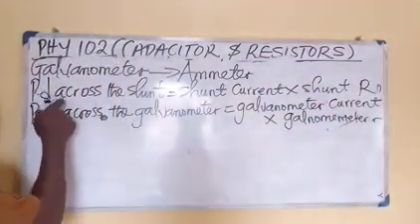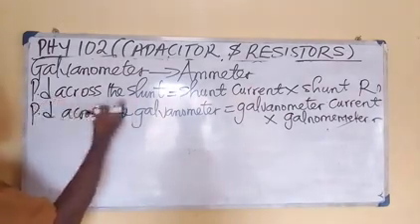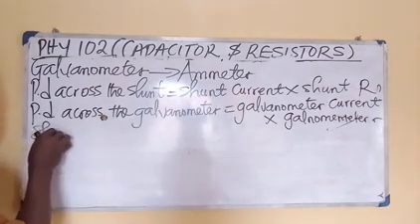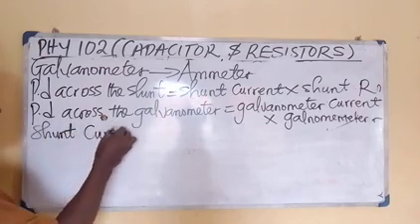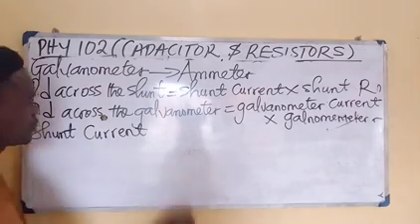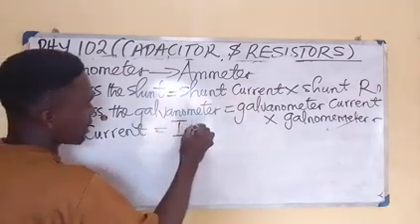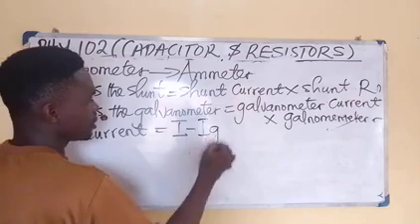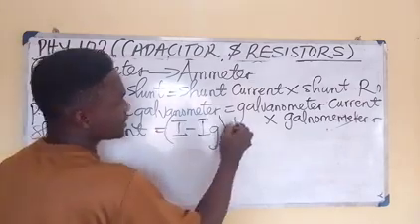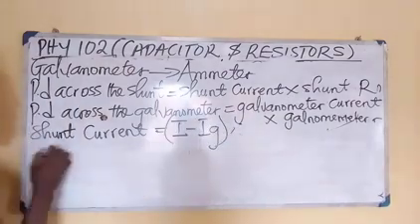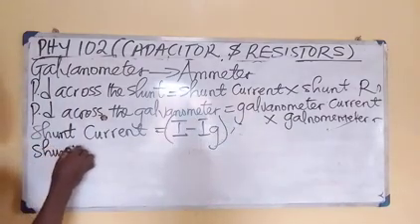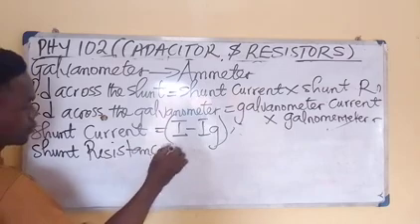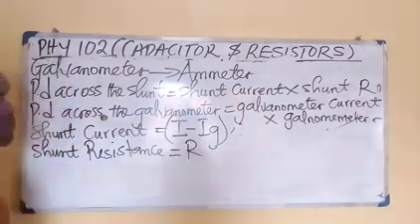That means that what we have here is the PD across the shunt. Then you have the shunt current, which is given as I minus Ig, times the shunt resistance, Rs.